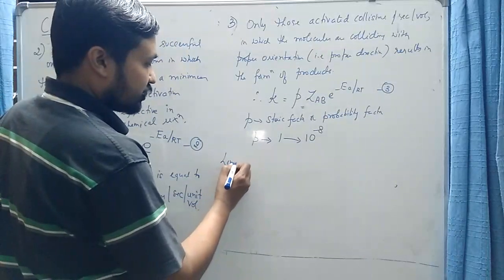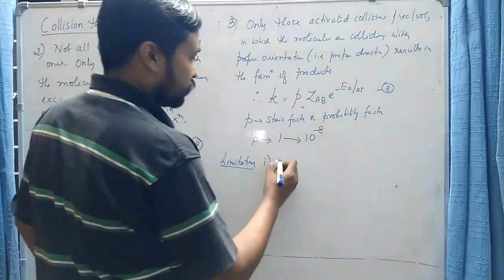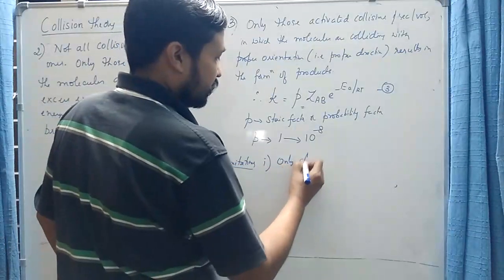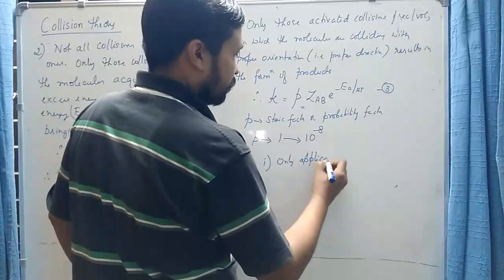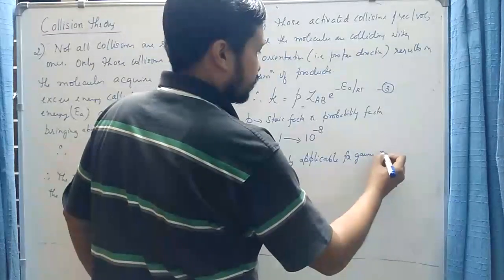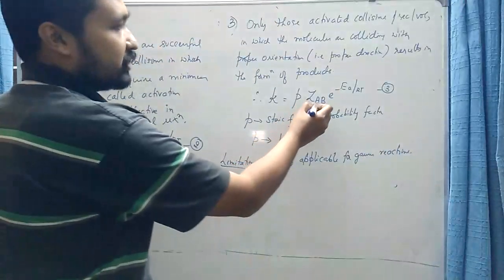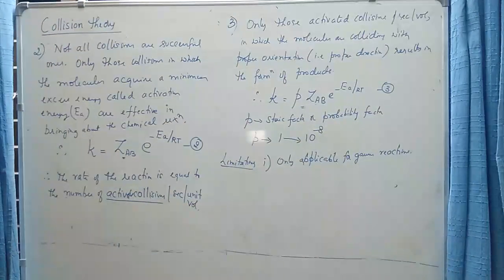The first limitation of this theory is it is only applicable for gaseous reactions. The value of ZAB, that is collision frequency, was estimated by using kinetic theory of gases.